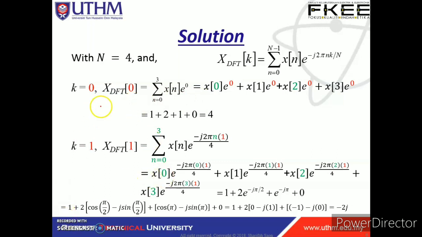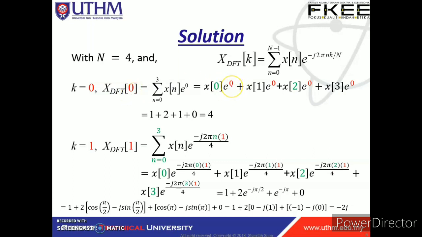Okay, first we need to calculate X DFT 0. To find X DFT 0, we just use this equation and change the k here to the value of 0, which is the one that we want to find.